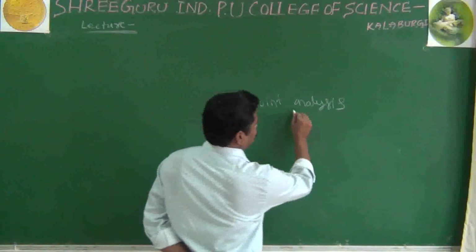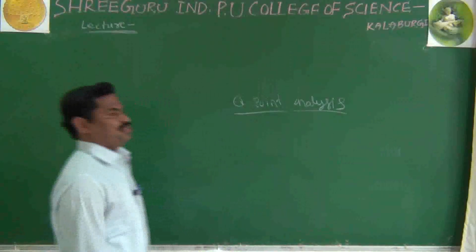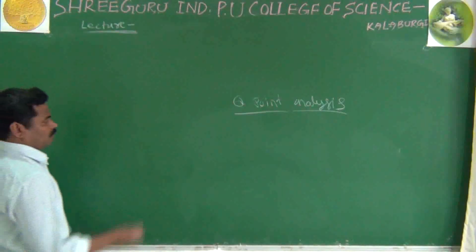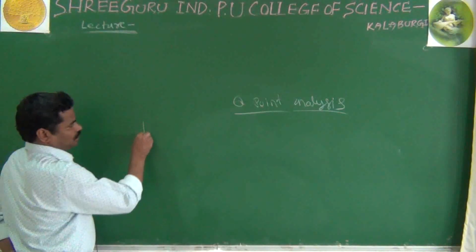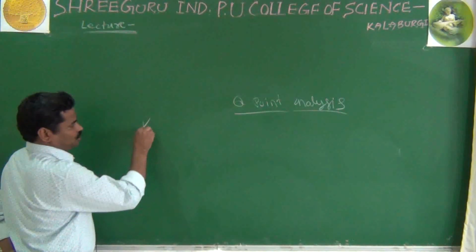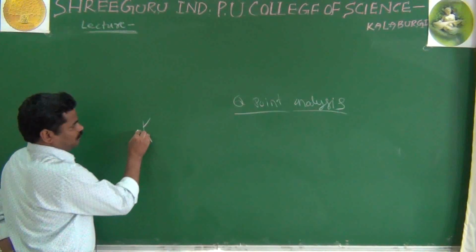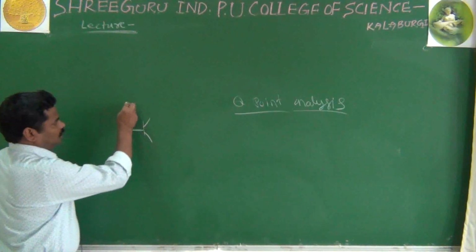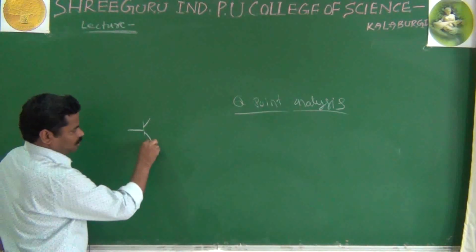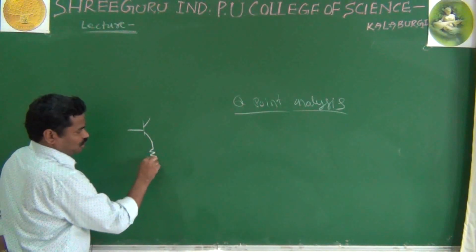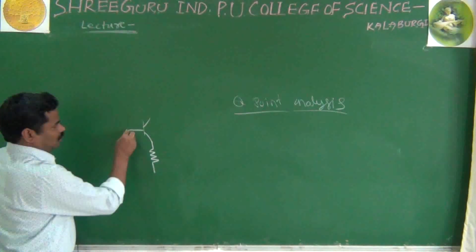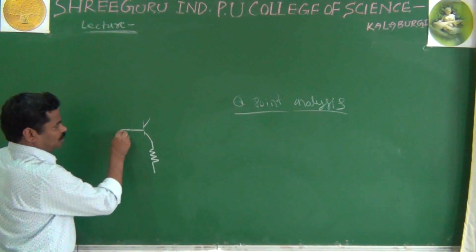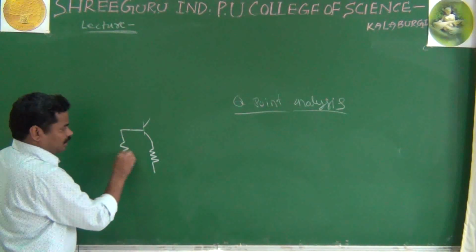Once again, you consider the same circuit diagram. Yesterday, we used the CE configuration in the voltage divider biasing. Use the same circuit diagram, using a CE configuration with voltage divider biasing.